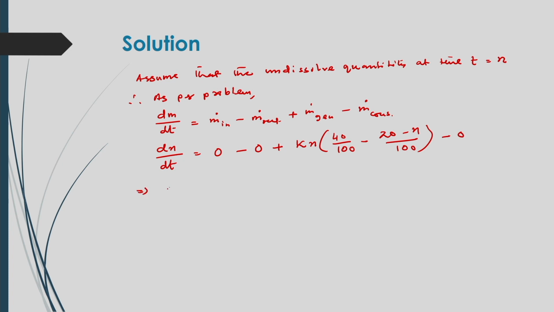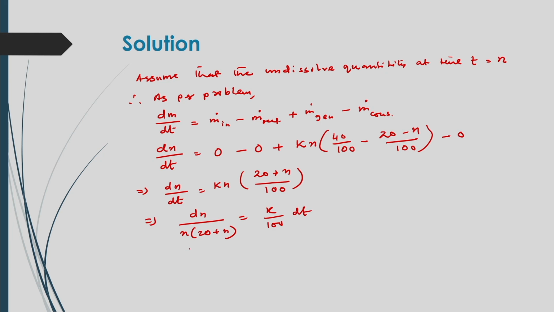So, finally, you can write dN by dt equal to kN into (20 plus N) by 100 after simplification, which will give you dN by N(20 plus N) equal to k by 100 into dt.